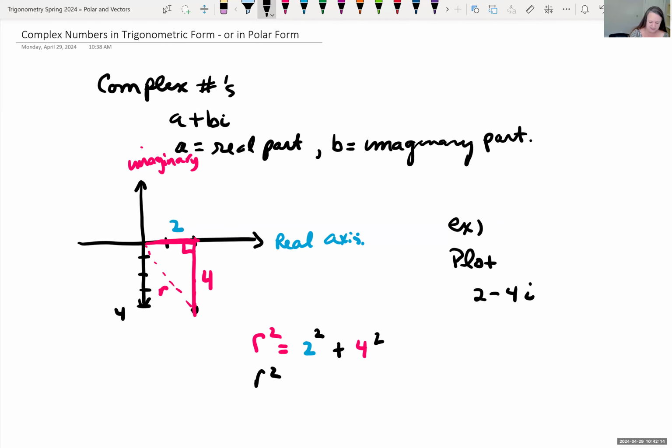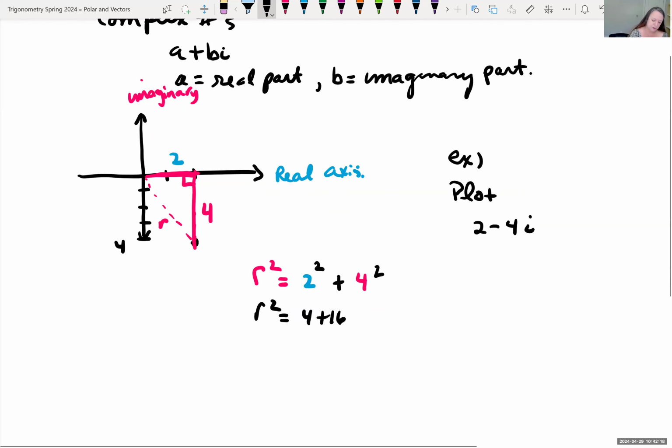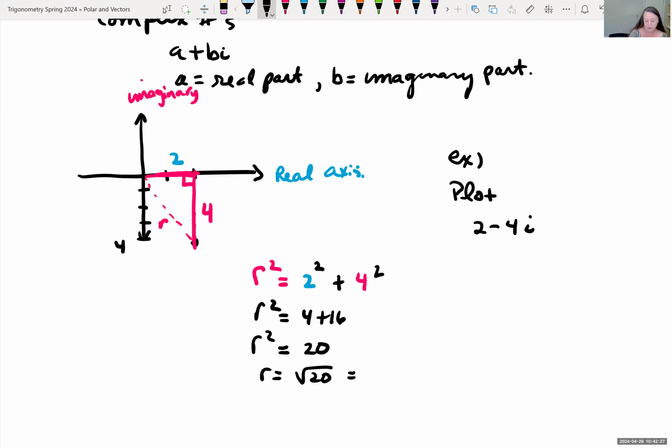So r squared is equal to 4 plus 16. r squared is equal to 20. Taking the square root of both sides, I get r is square root of 20, which if I pull out the biggest square, would be 2 root 5.